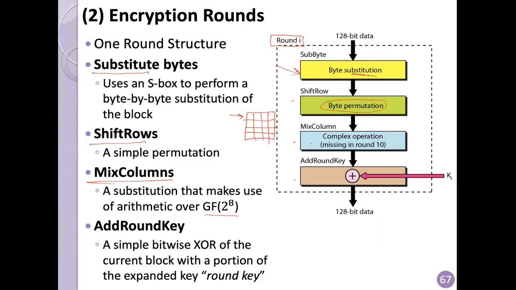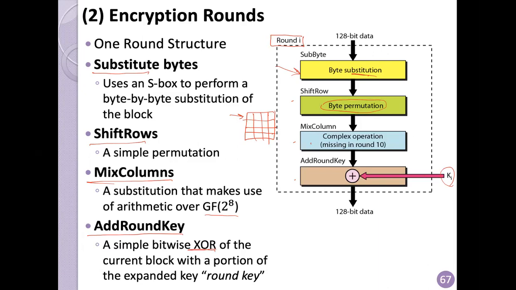And the last step, again, is very easy. It's just a simple XOR. And here is the place where the round key is going to be fetched and used. The round key is used just to make a bitwise XOR between the round key and what we get from the mix column step.